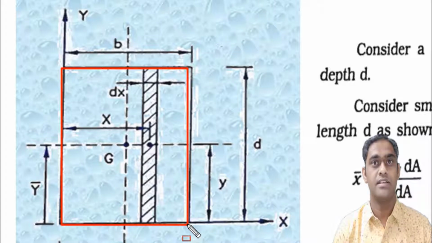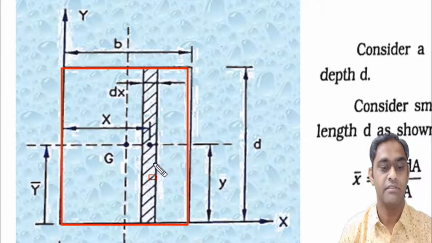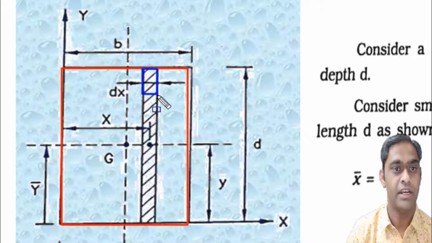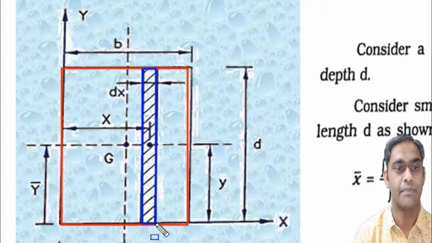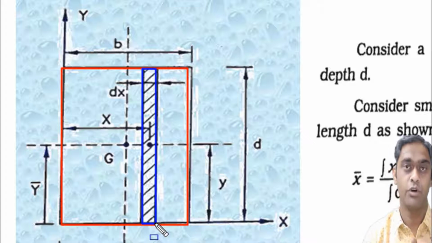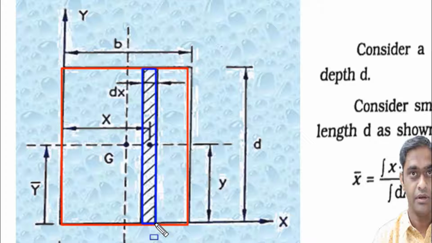Now to calculate the center of gravity, we will take some imagination of what is given in the figure. We have to take this small rectangular vertical strip if we want to calculate x bar only. If we want to calculate x bar, then we have to take vertical strip.